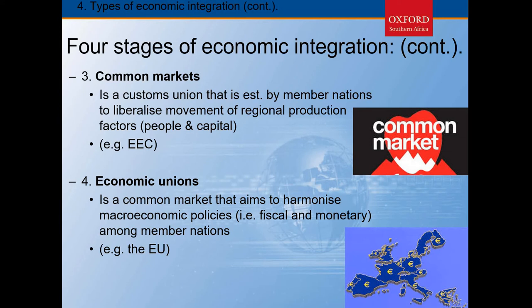And then the most advanced form of economic integration is known as an economic union. Now, the economic union takes things one step further. So they create a common parliament or a common administrator who sets rules for the whole economic union with regards to things like monetary policy and health and safety and standards regarding goods and services.